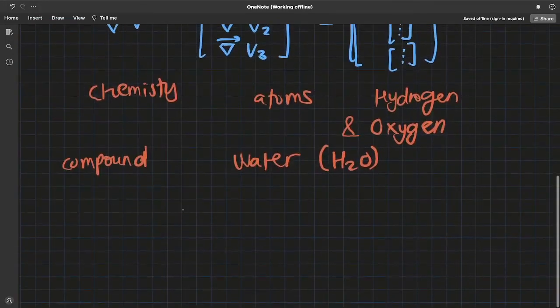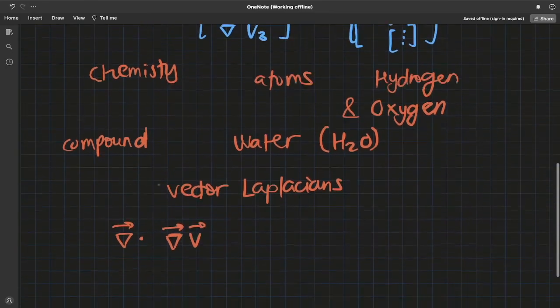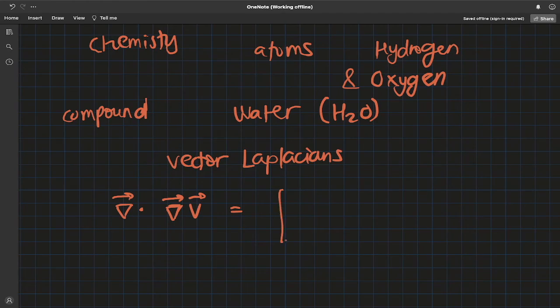You can also have, since you have vector gradients, vector Laplacians, and the idea is pretty much the same. Take a vector gradient and take the divergence of that. Which is basically like saying, take the scalar Laplacian of each of the components of V. That's what this is actually telling you to do.